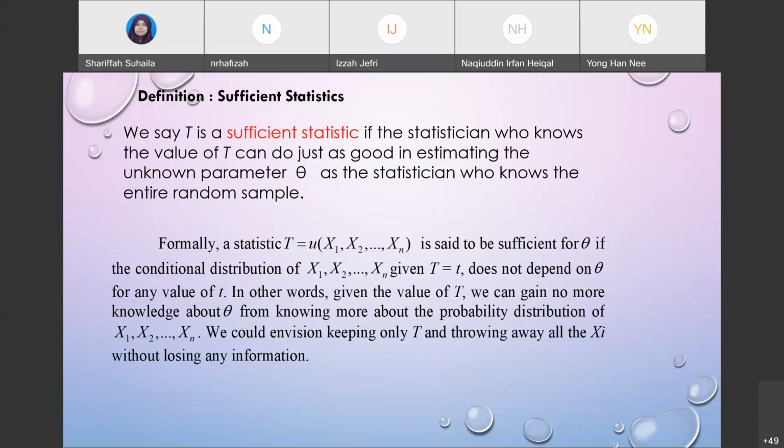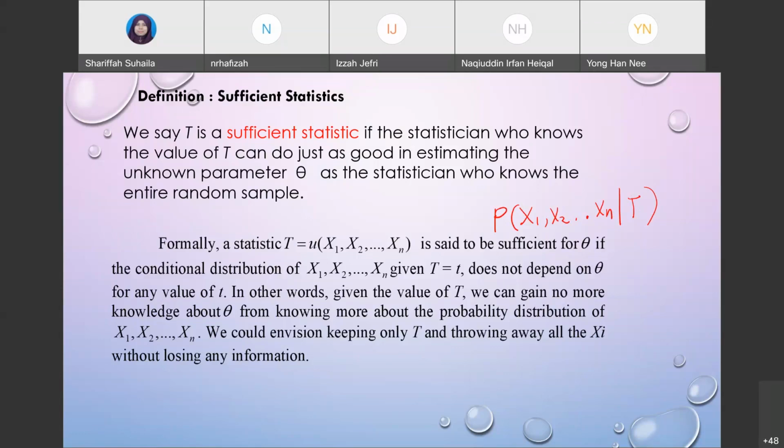Formally, a statistic T, which is a function of x1, x2, ..., xn, is said to be sufficient for theta if the conditional distribution of x1, x2, ..., xn given T, that is the probability of x1, x2, ..., xn given T, does not depend on theta for any value of T. So for our sufficient statistic T, the conditional distribution does not depend on theta.